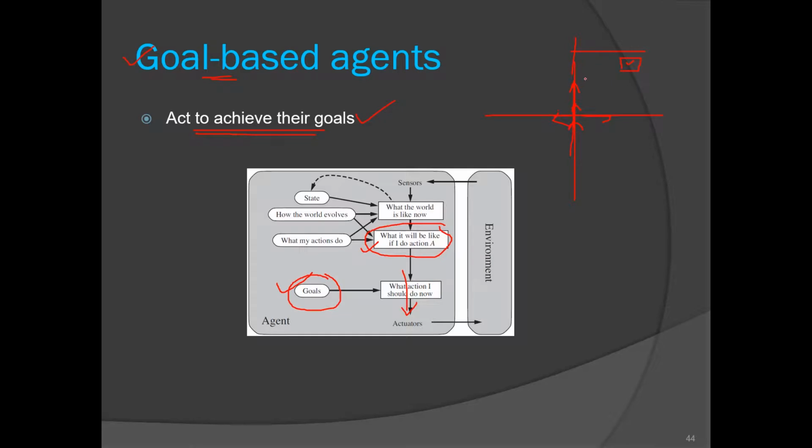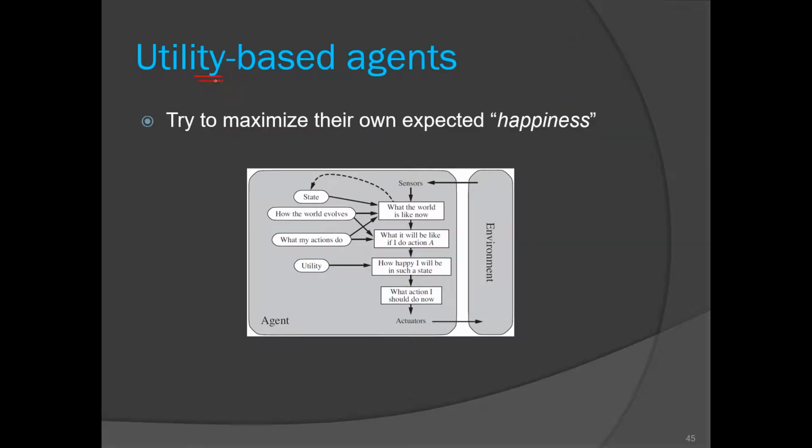Goal based agents just talk about whether the goal is achieved or not. But utility based agents try to maximize their own expected happiness, how safe that ride was. Whether we have reached the goal will be part of it, but whether that ride was good or not, the utility based agent will consider that aspect also.